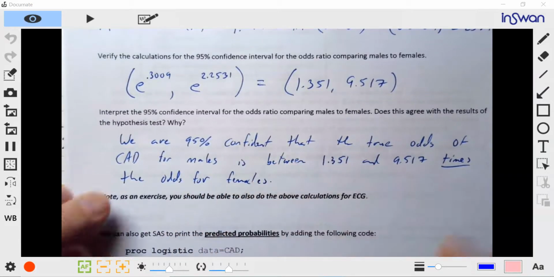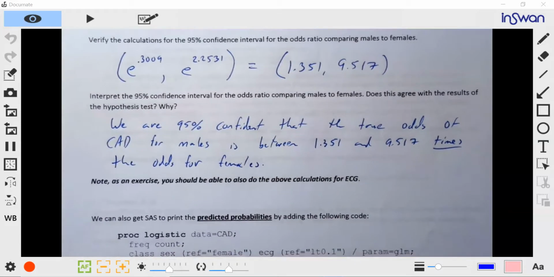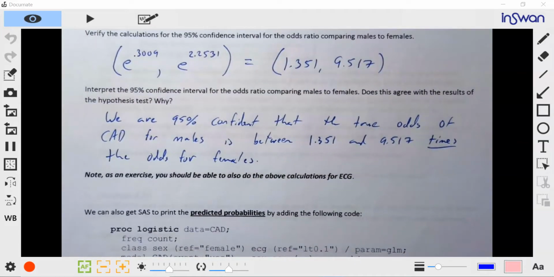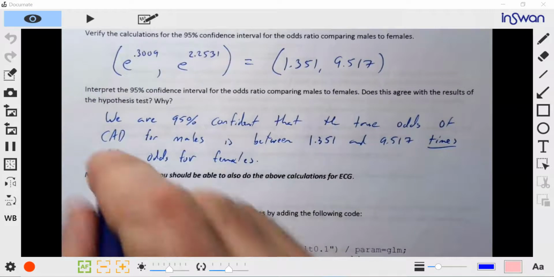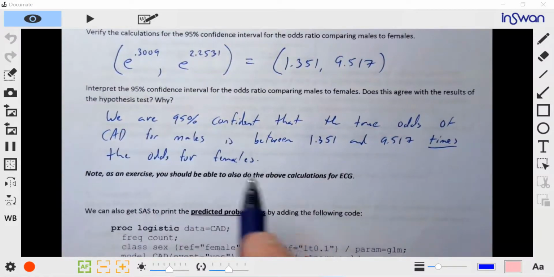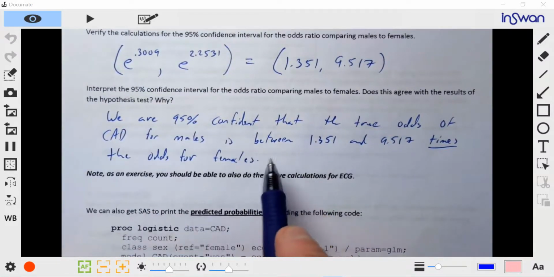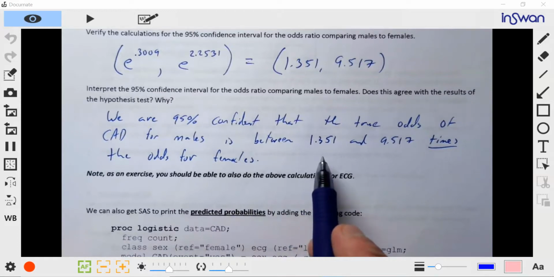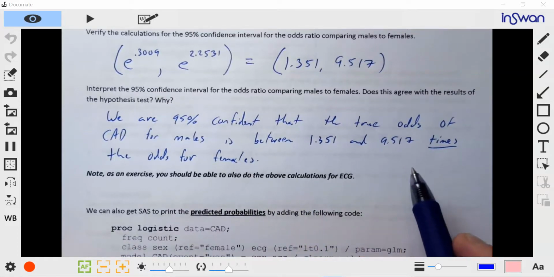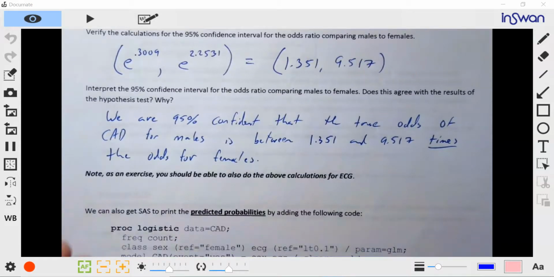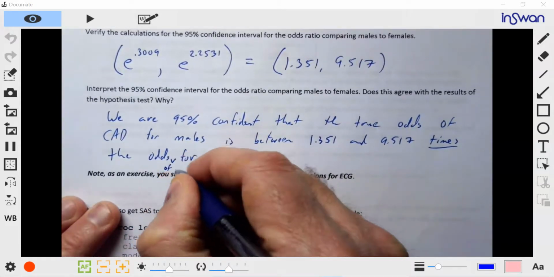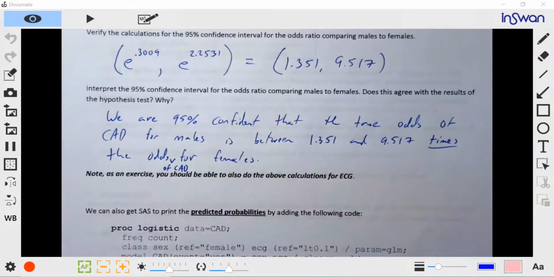If you know anything about CAD, unfortunately this rings true. CAD, coronary artery disease, is much more common in males than in females. And our model says it's between 1.35 times and 9.517 times the odds of CAD for females.